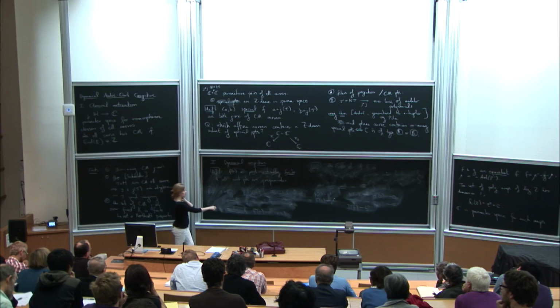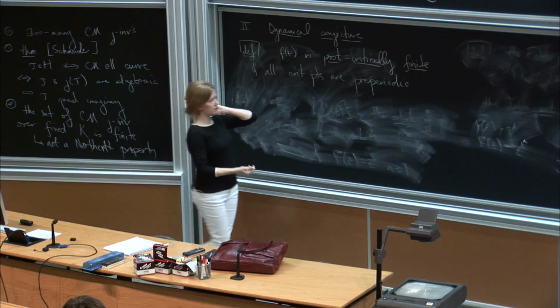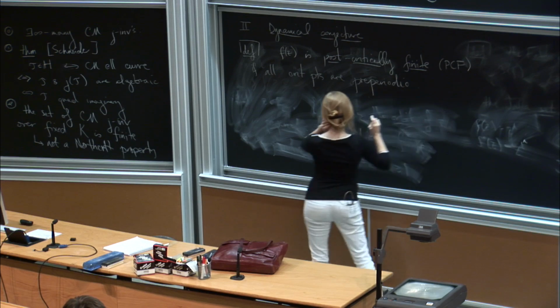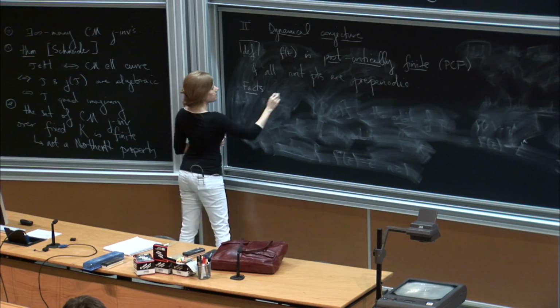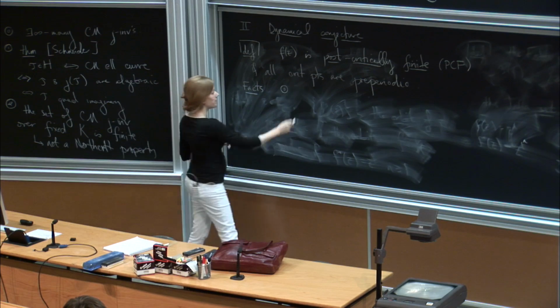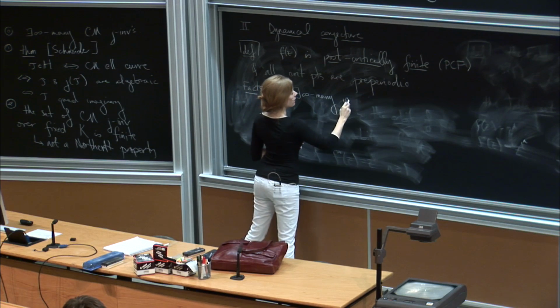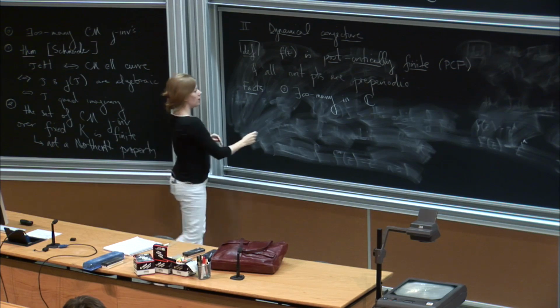And so we have this collection of maps which lie somewhere in my parameter space. A couple of things to point out about post-critically finite points, which, by the way, I'll often abbreviate PCF. So some facts about PCF points. First fact is there's infinitely many of them. Second fact is they're all algebraic.